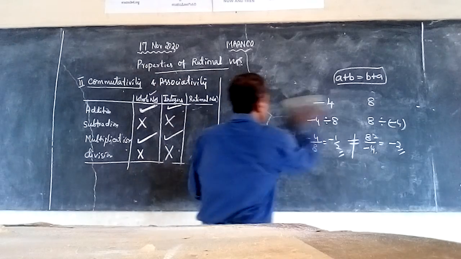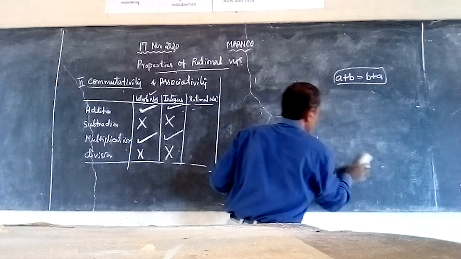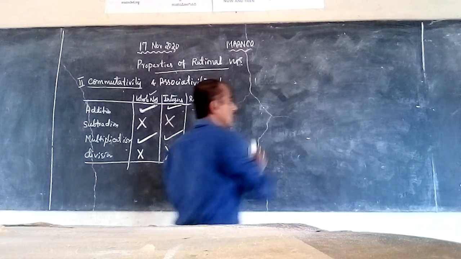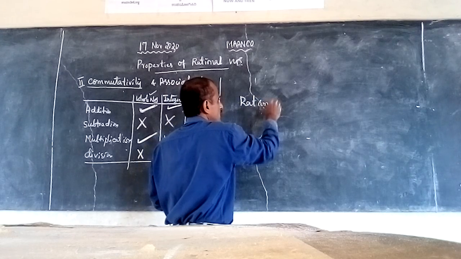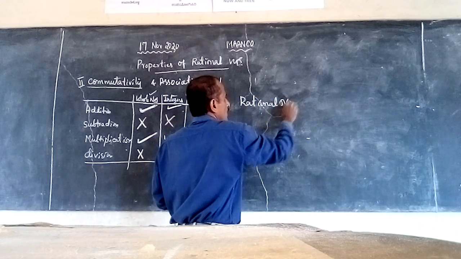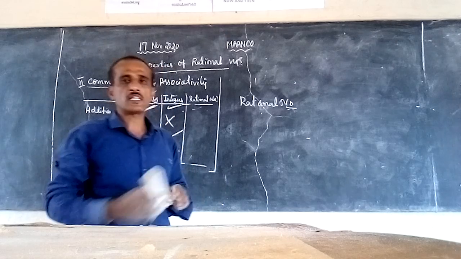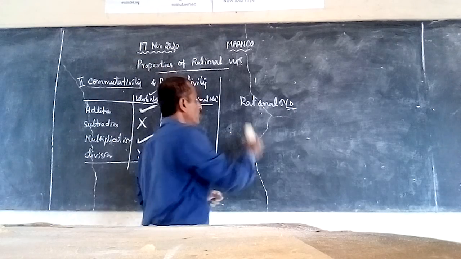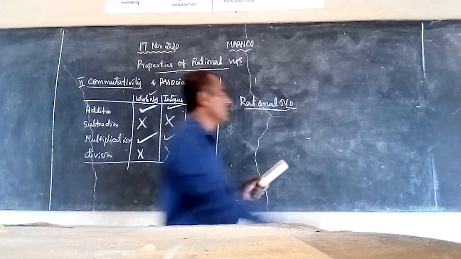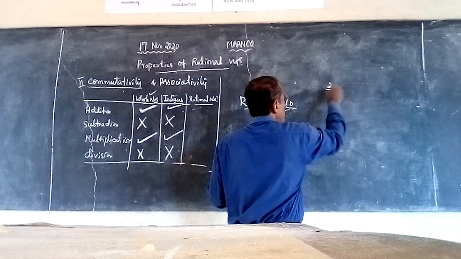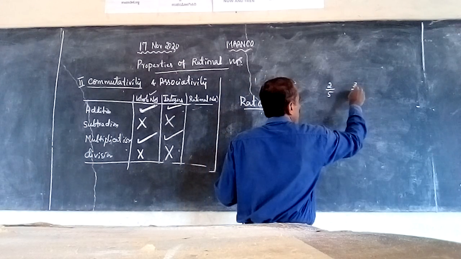Okay? Yes. Next, let us see the commutativity for rational numbers. What about addition of rational numbers? Let us take any two rational numbers, say 2 by 5 and 3 by 10.